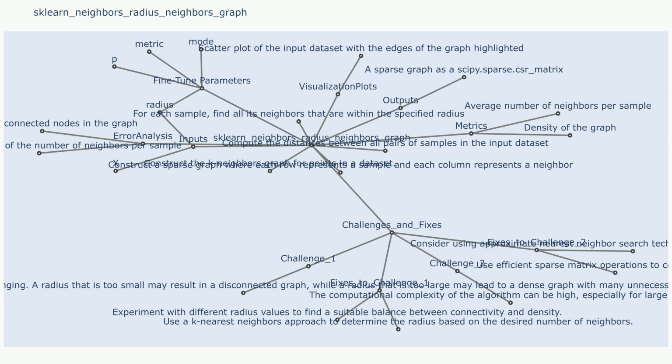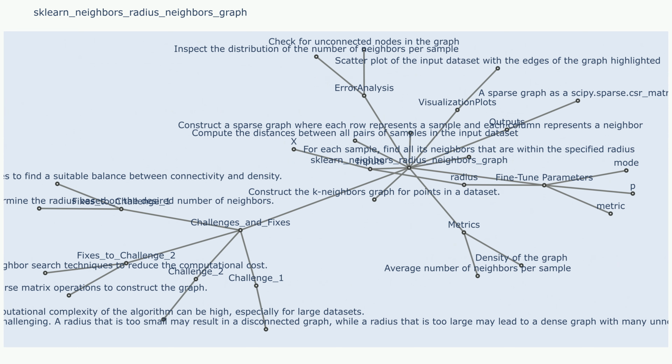The resulting graph can be visualized using plotting libraries like Matplotlib or NetworkX. This visualization allows you to analyze the connectivity patterns and identify clusters or dense regions in the data. Scatter plot. A scatter plot of the data points with the graph edges overlaid can provide a visual understanding of the neighborhood relationships.